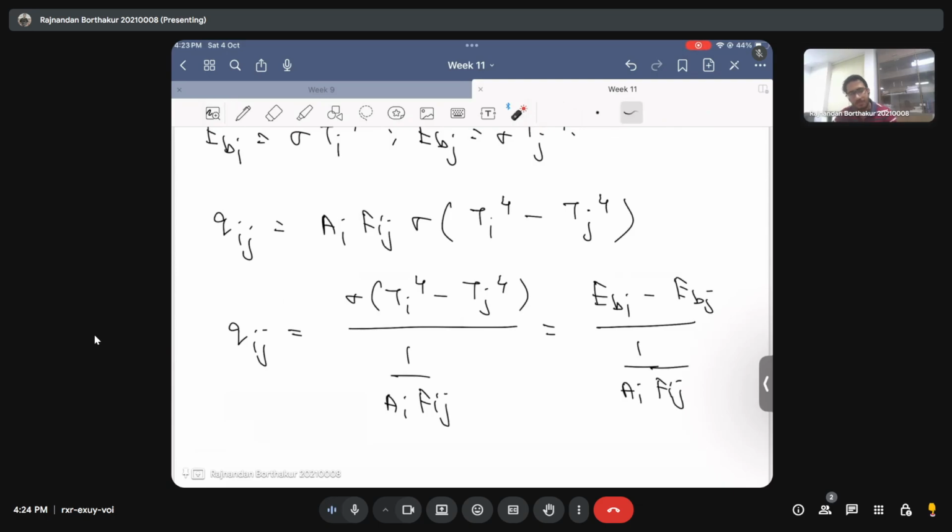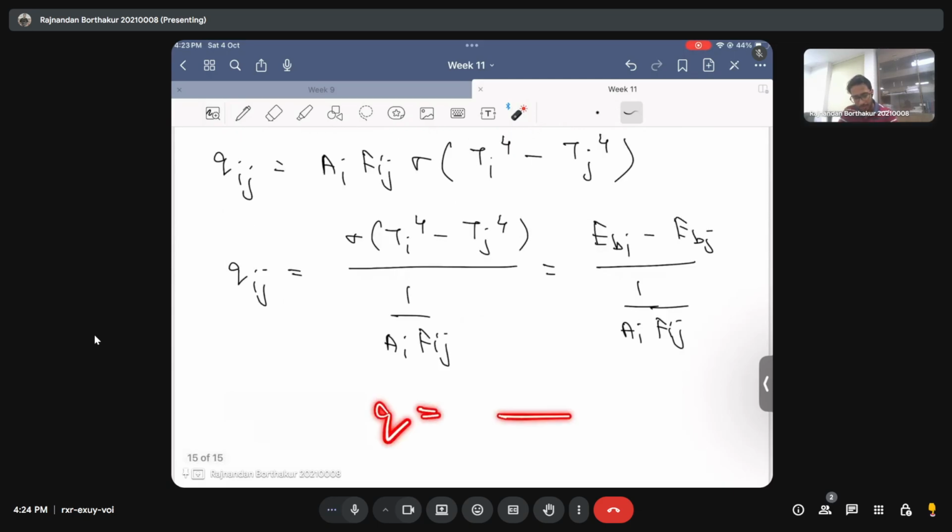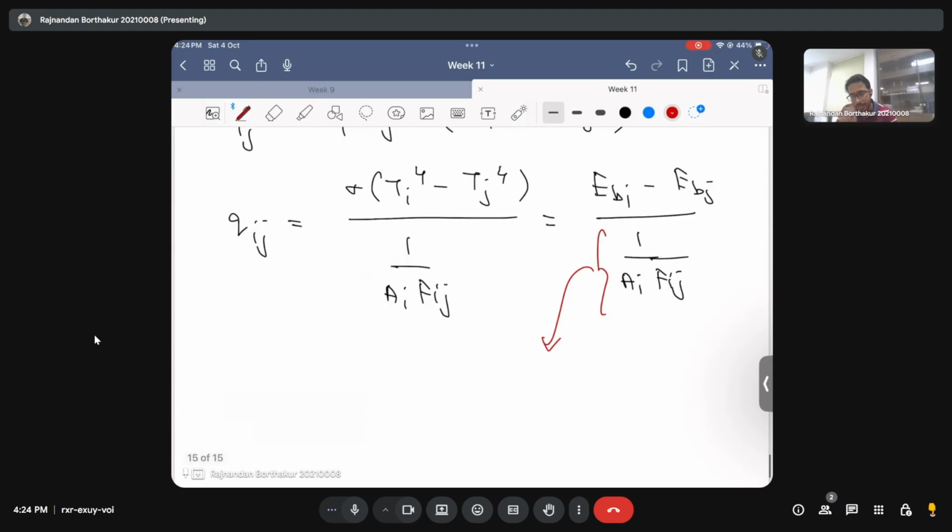So remember, in conduction heat transfer, we have said that the flux is equal to T1 minus T2 divided by resistance. We have equivalently formed a similar analogy for radiation as well, where now instead of the temperature difference, we have the emissive power difference between the two bodies, and this 1 by Ai Fij can be equivalently written in the form of a resistance, and we call this the space resistance.